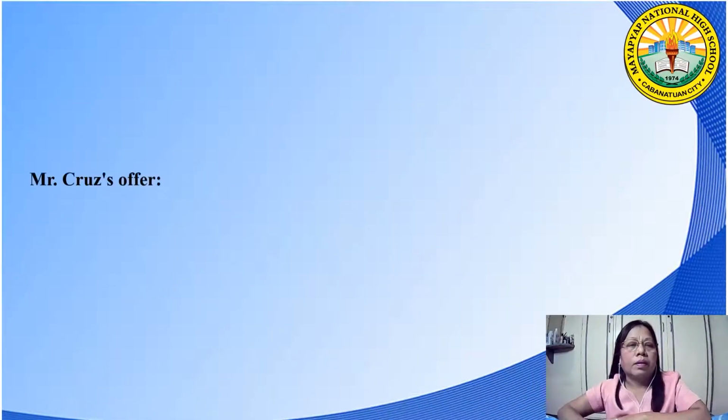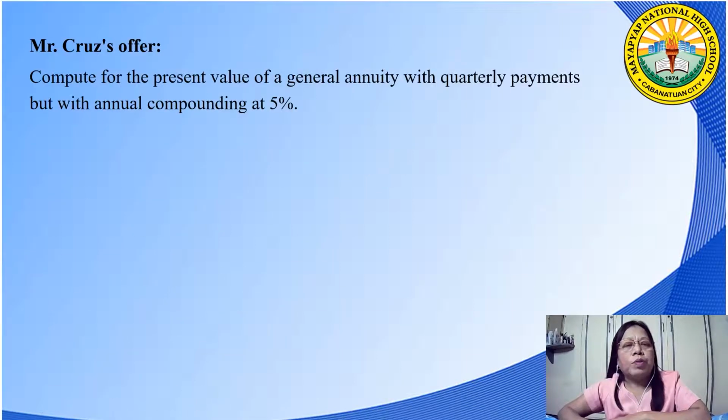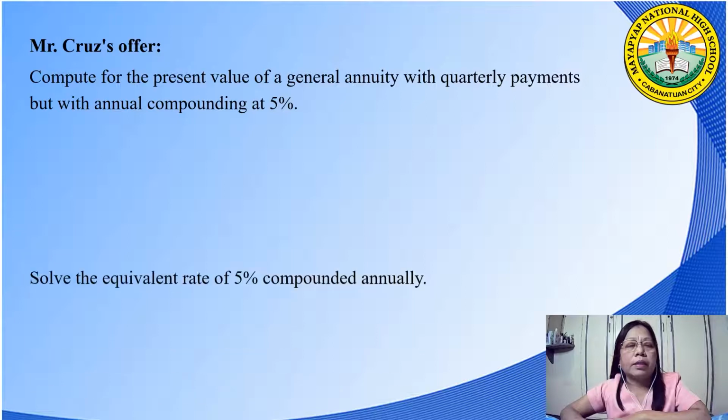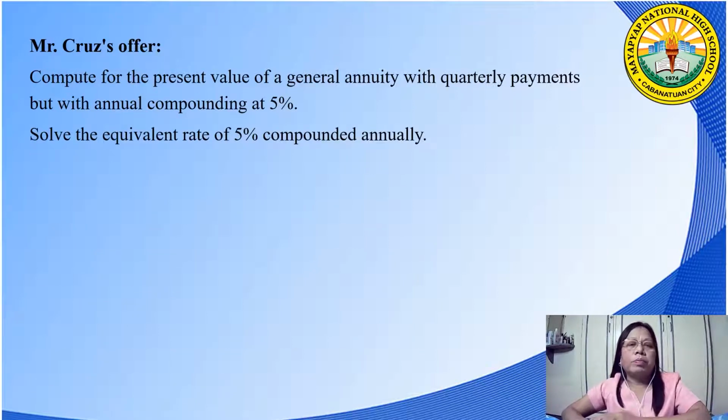And for Mr. Cruz's offer, compute for the present value of a general annuity with quarterly payments but with annual compounding at 5%. So you solve the equivalent rate of 5% compounded annually with quarterly payment.